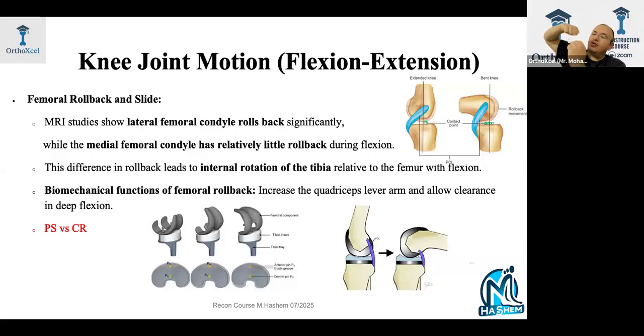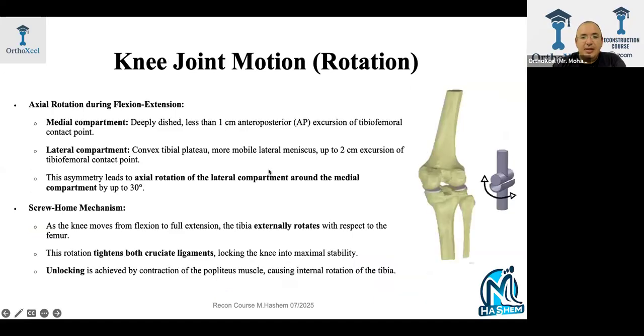Why? Because the point of contact on the medial side moves minimally back, on the lateral side it moves more back. This means the femur normally externally rotates during flexion and the tibia internally rotates, and vice versa when they extend. This will come again many times, don't worry.